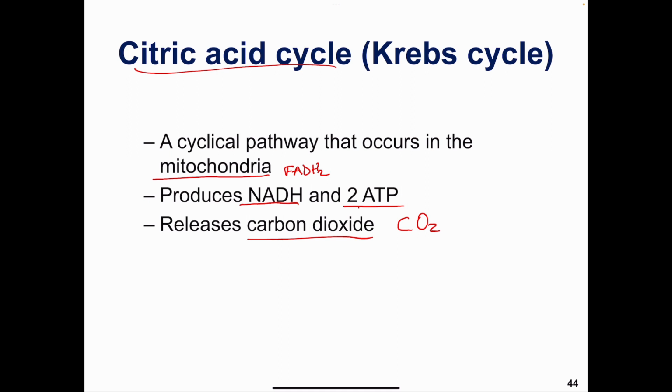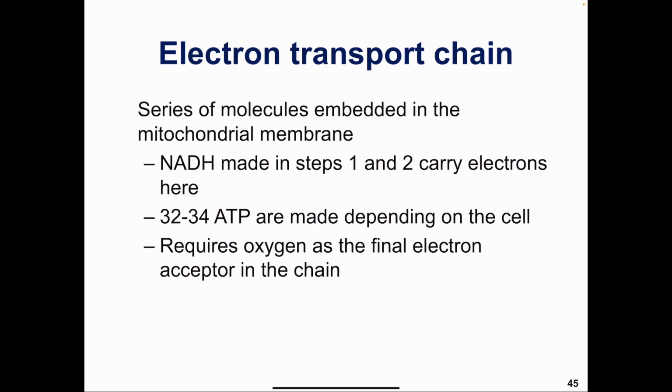Now, beyond that, electrons are the ones that are going to come into play. Here, electrons from NADH and FADH2 are going to be passed down from one electron carrier to another electron carrier.